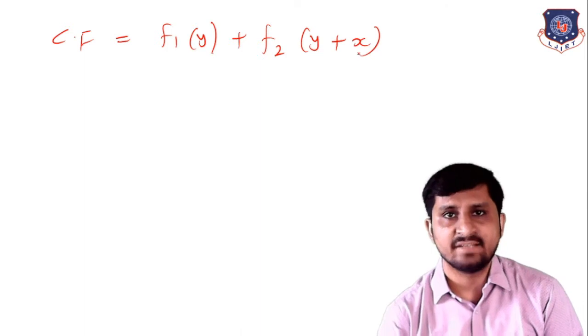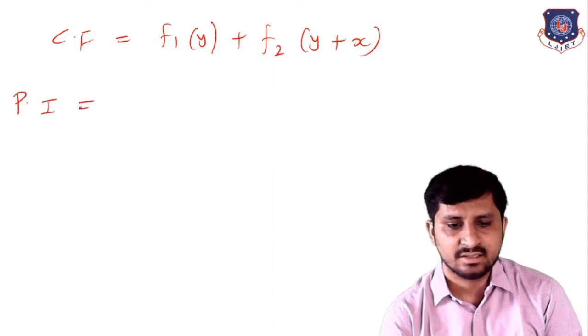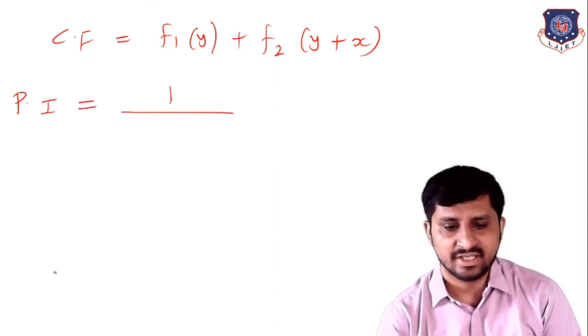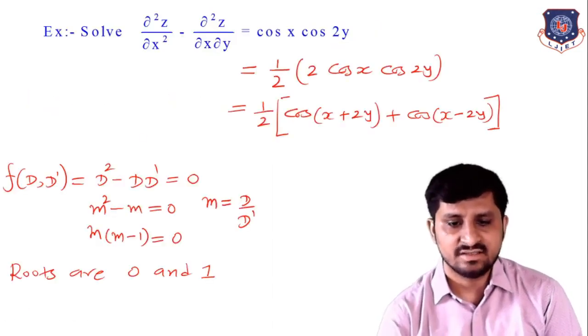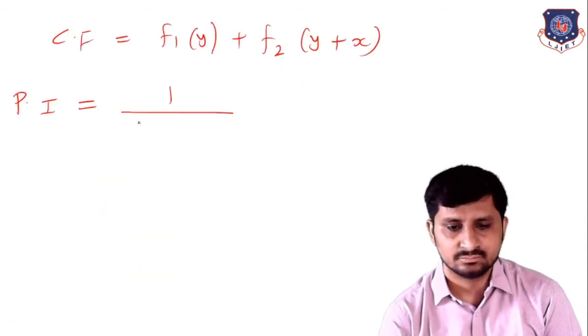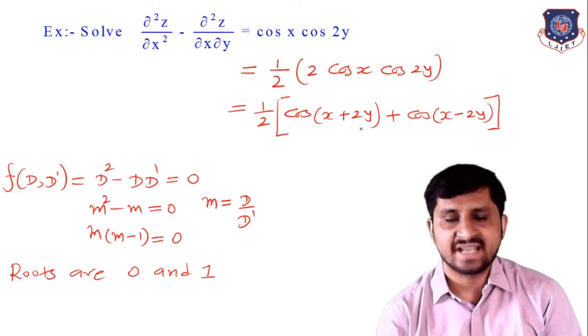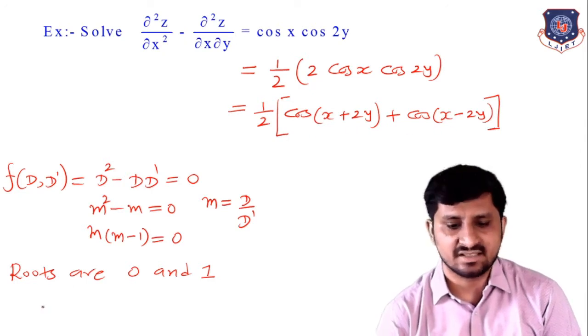Now I want to find the particular integral. We know that the particular integral is 1 upon f of D, D dash. What is my function? The operator is D square minus D dash, so it is 1 upon (D square minus D D dash) acting on 1 by 2 (cos(x + 2y) plus cos(x minus 2y)).